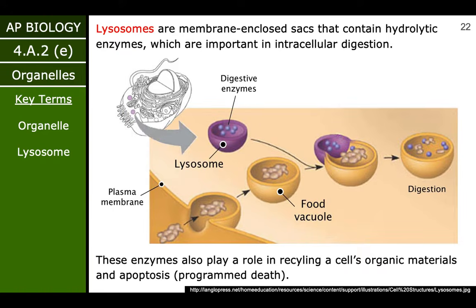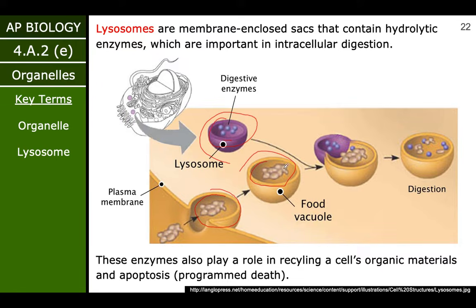I don't want you to think about digestion like it happens in your body, but it's really kind of the same idea. It's just breaking stuff down. So there's stuff inside of here that will eat stuff away. And so if you need to break something down, you're going to send in your purple lysosome here.